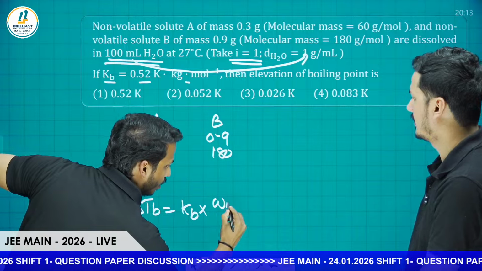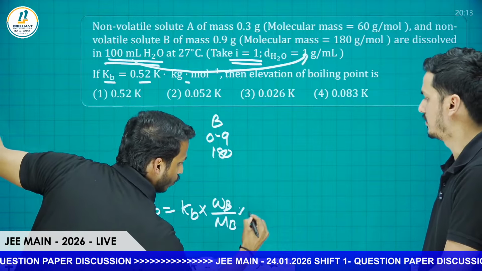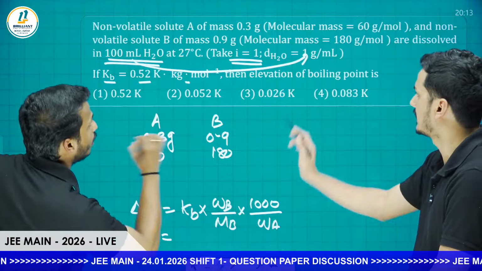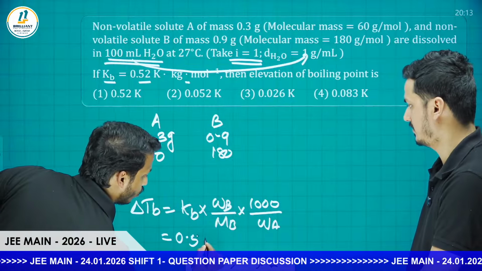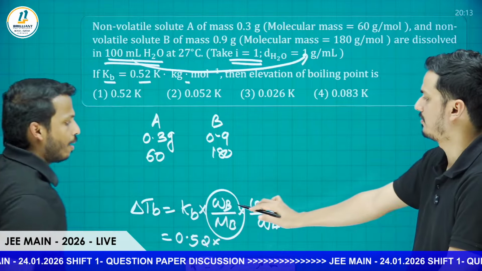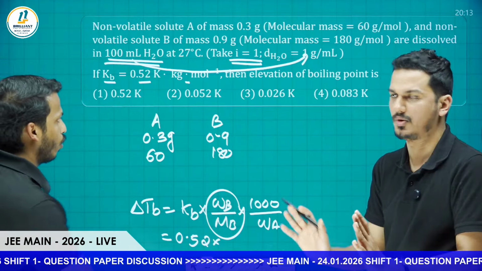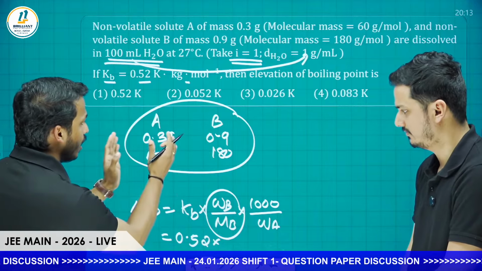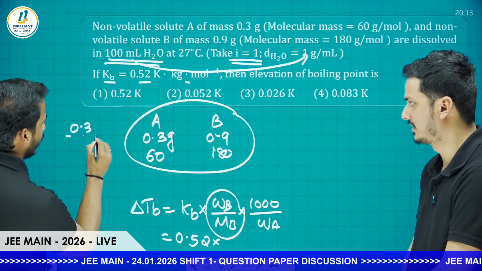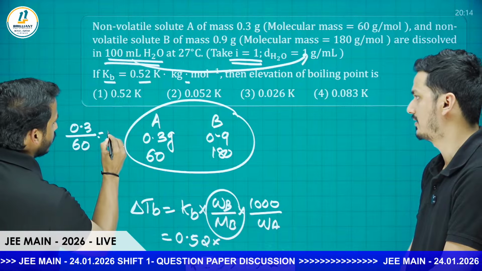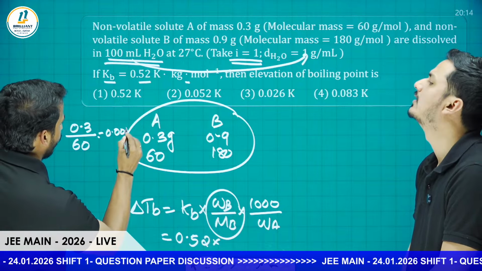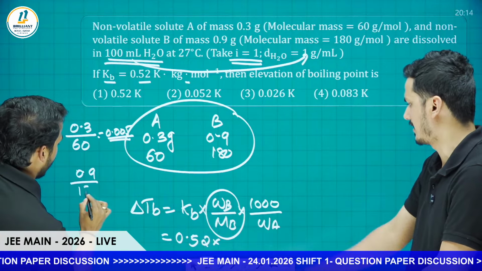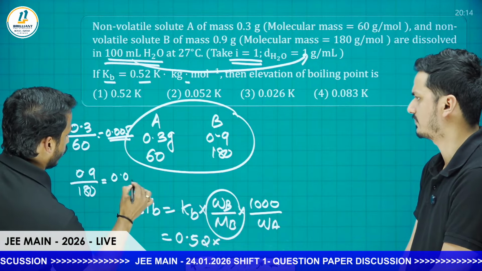Molality means delta T_B is equal to K_B into W_B by M_B into 1000 divided by W_A. K_B is already given, 0.52. We have to take the total number of moles of solute, since both are solutes, so we take the sum of their moles. 0.3 by 60 is 0.005, and 0.9 by 180, that is 1 by 200, is also 0.005.